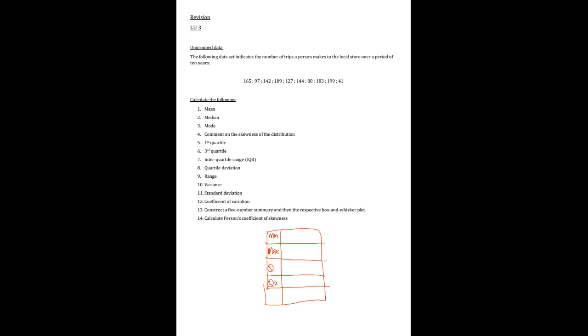The minimum in the data set is the lowest number, which is 41 in your data set. Then you have the maximum value in the data set, which is 199. Then we had calculated Q1 already, that was 94.75.